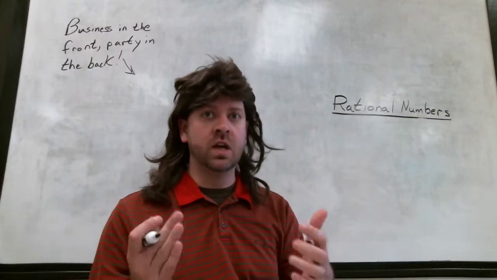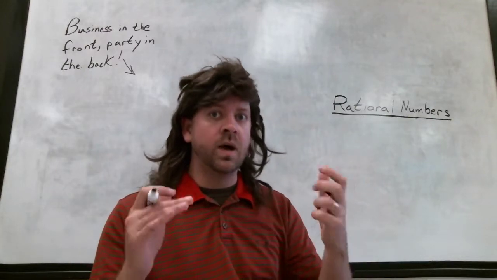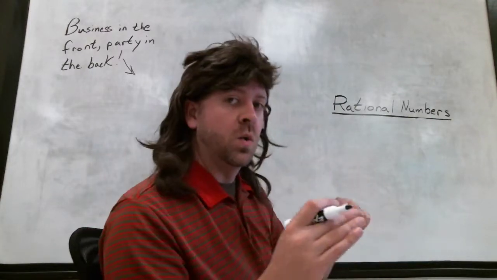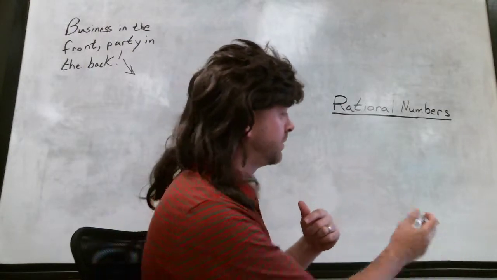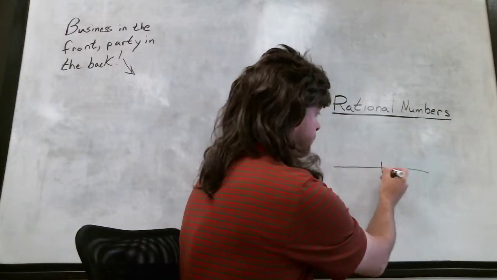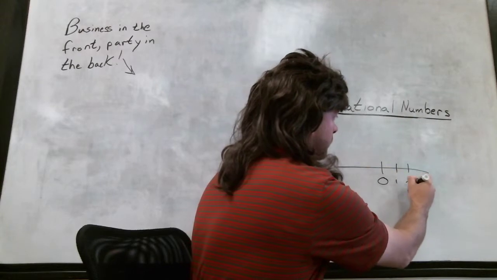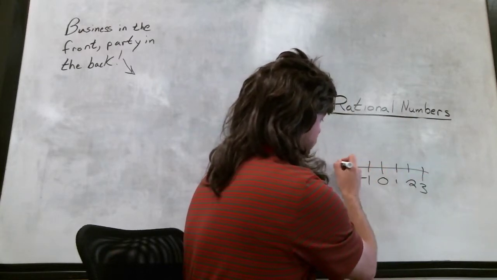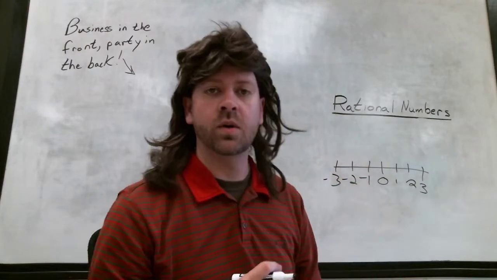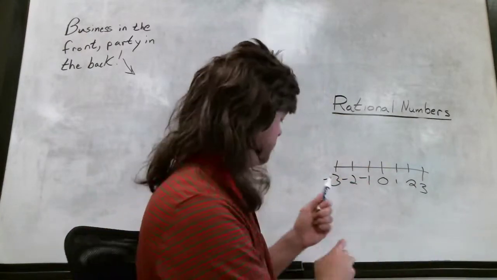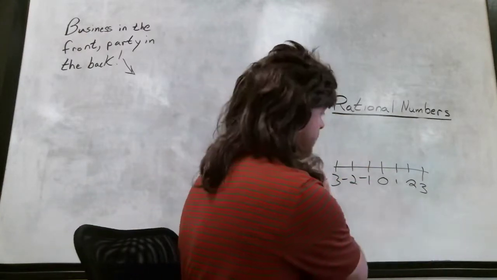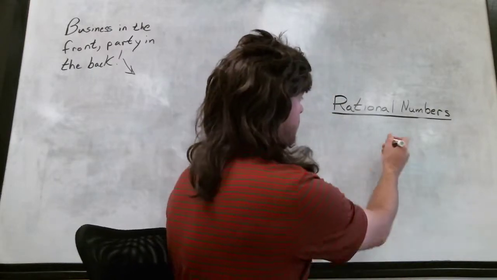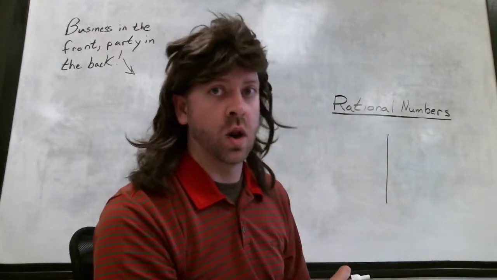Next video that I'm going to make is going to have to do with how you're going to apply those using number lines. So I want to talk about number lines. We talked about number lines before, ones that went like this. Okay? We talked about that. But there's also other number lines that go like that.